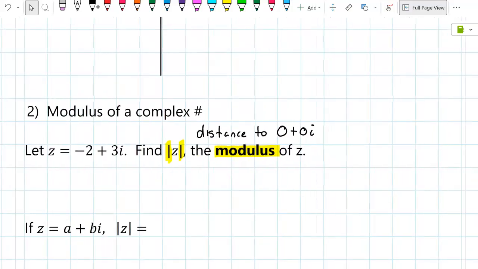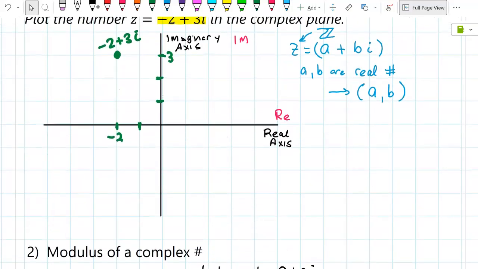So let's sketch this out. We can find the modulus without any fancy formulas. The distance from -2 plus 3i to 0 plus 0i is the straight line connecting those 2 points. How do we find the length of any straight line? We make a right triangle. The height of the right triangle is 3. And it's not 3i, by the way, right?